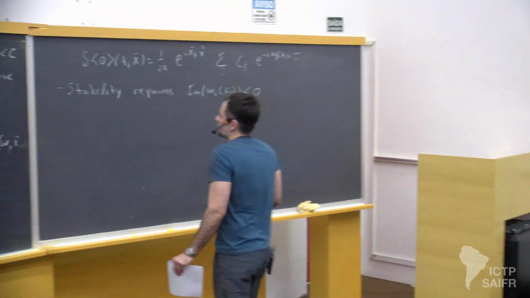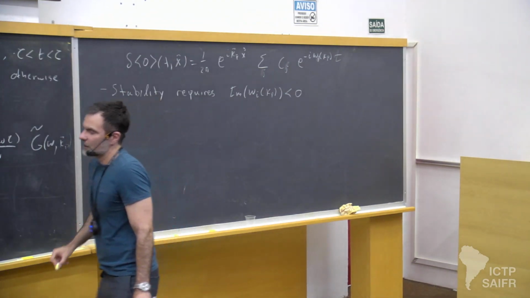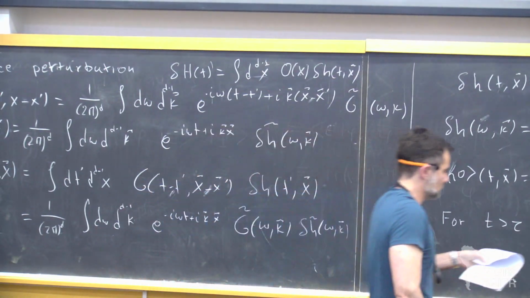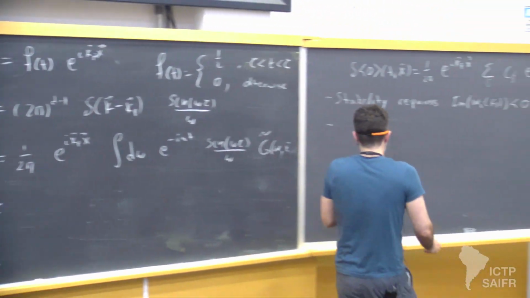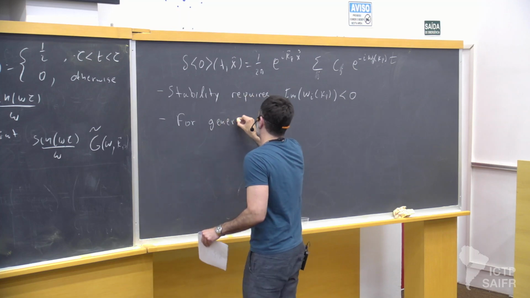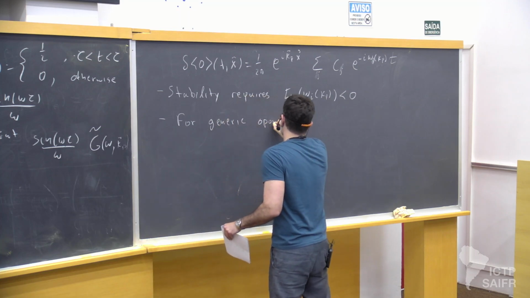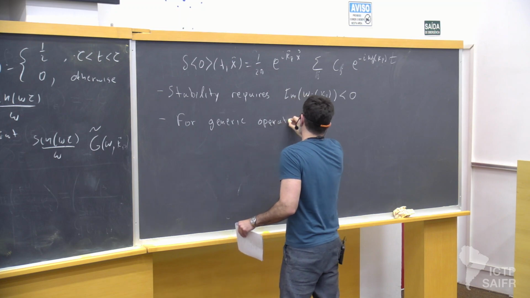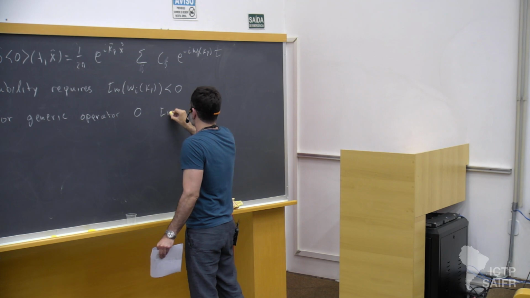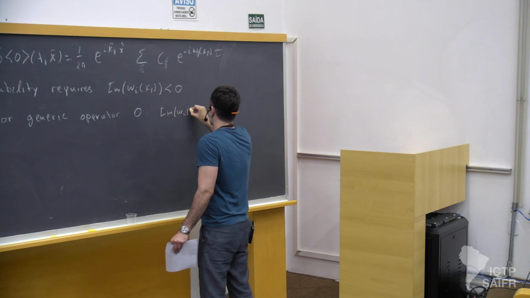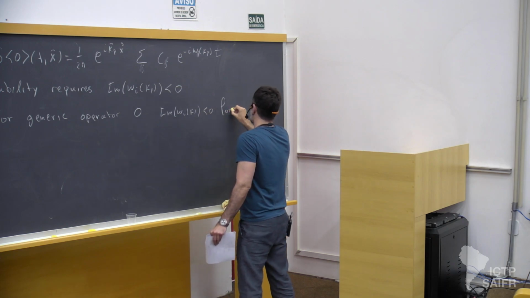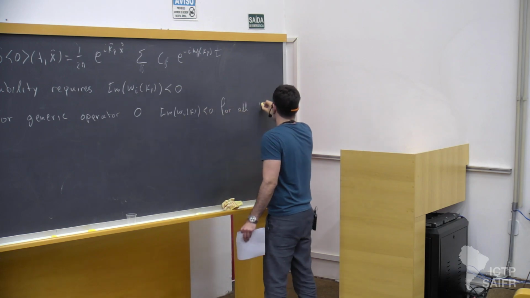Right. The other thing I want to tell you is that for a generic operator O, the imaginary part of these poles is negative for all k.